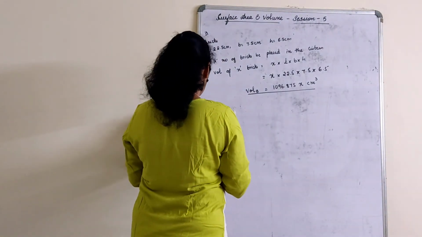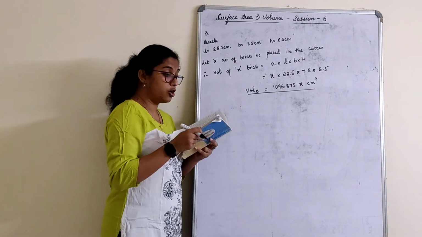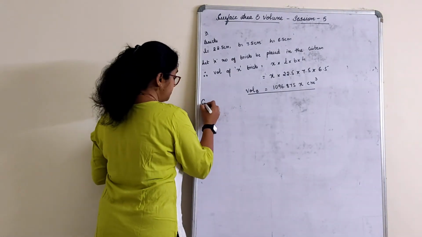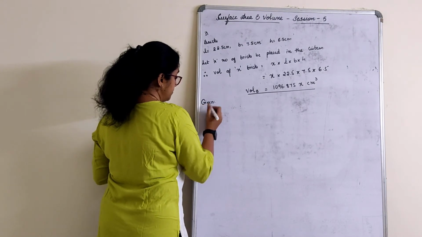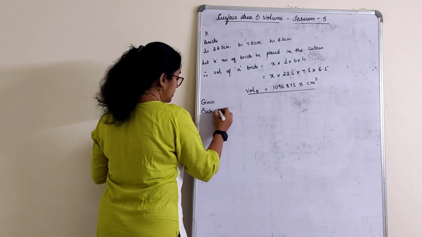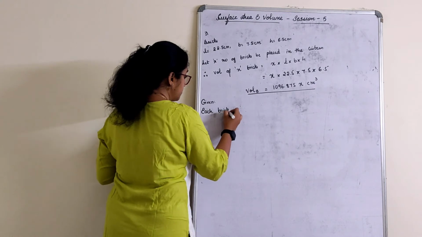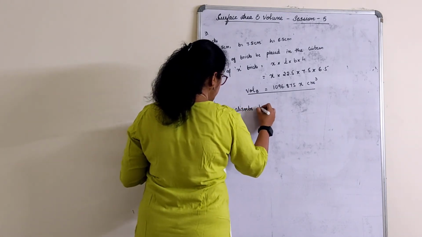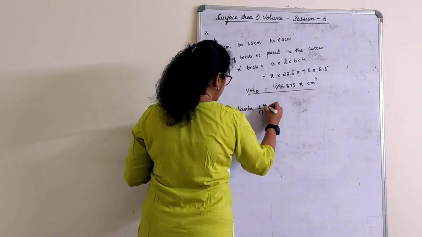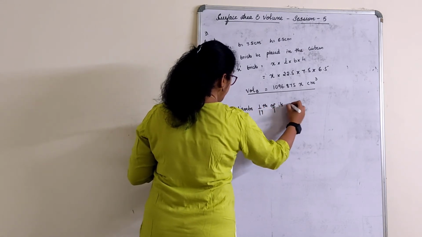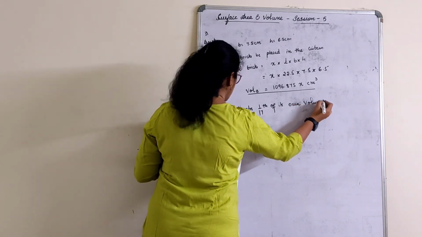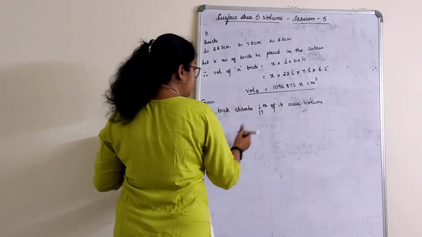Now come to the question. Each brick absorbs 1/17 of its own volume. Given, each brick absorbs 1/17 of its own volume. So how do you write?